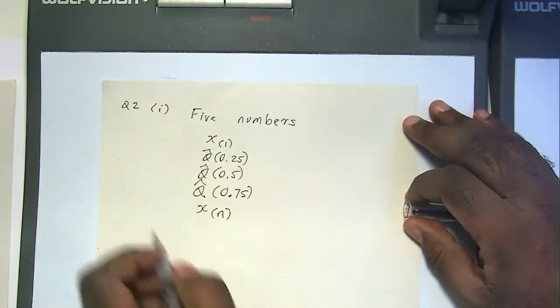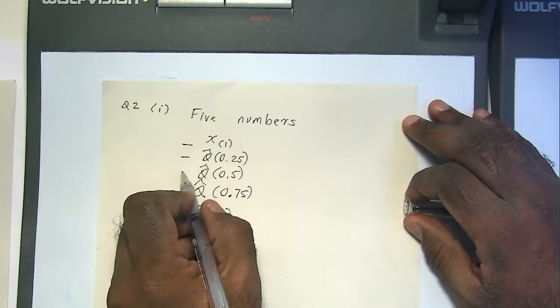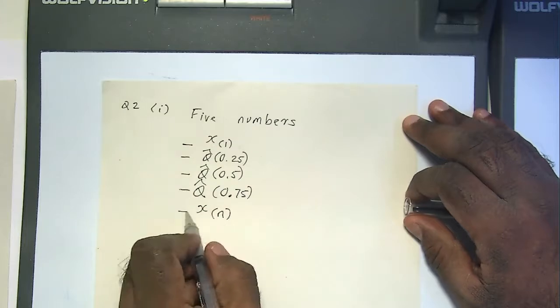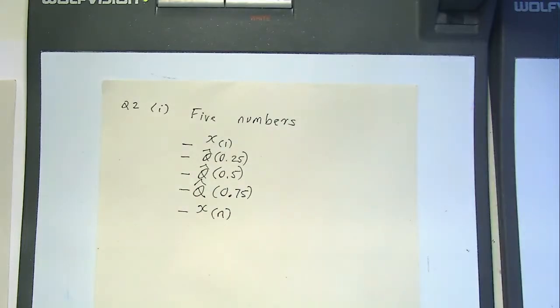Alright, these are the 5-number summaries: 1, 2, 3, 4, 5. The minimum, the first quartile, the median, the third quartile, and the maximum.